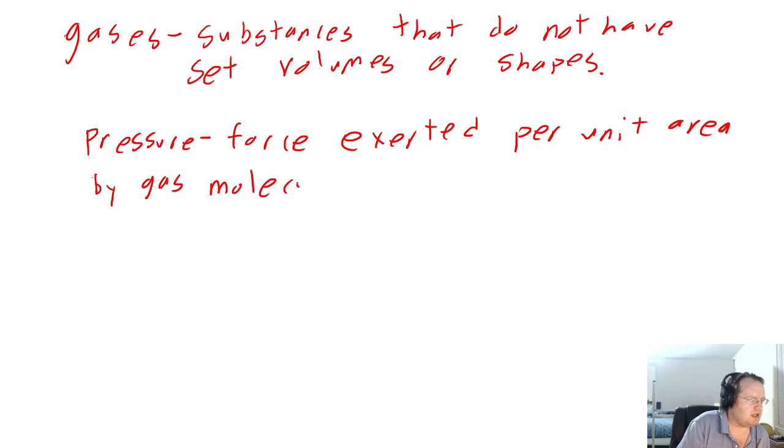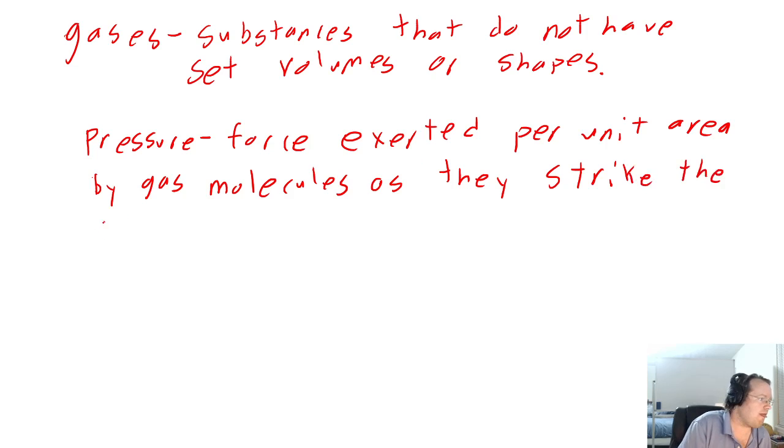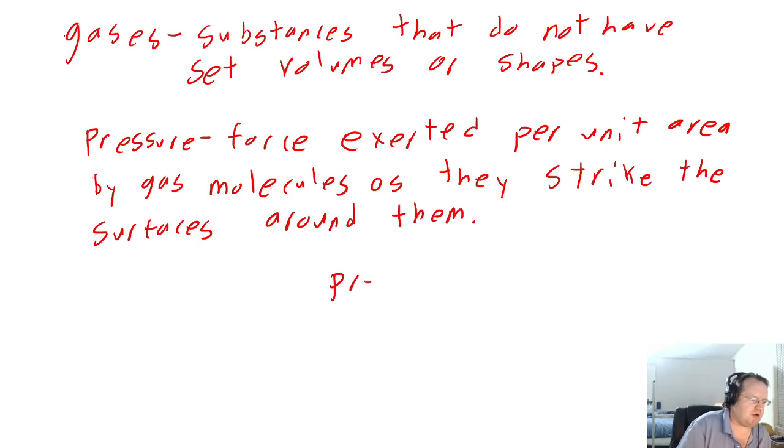It's the molecules in the gas that are exerting the force, as they strike the surfaces around them. Now, we can also define this as an equation. To do that, we have that pressure is equal to force over area.